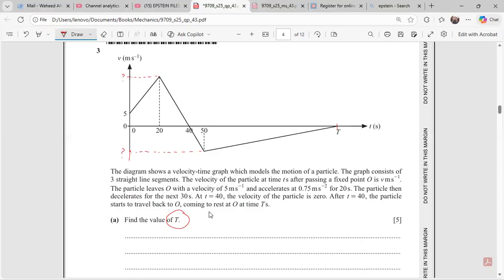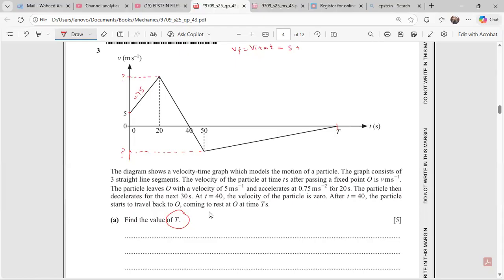Finding this speed is easy. Remember, Vf equals Vi plus At. The particle leaves O with a velocity of 5 meters per second. The acceleration in this section is 0.75 meters per second squared, for 20 seconds.